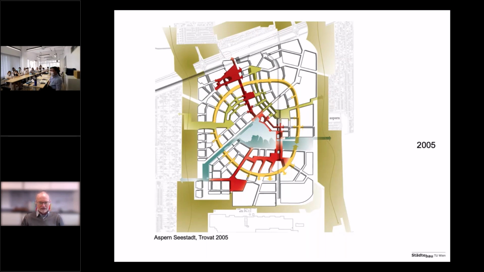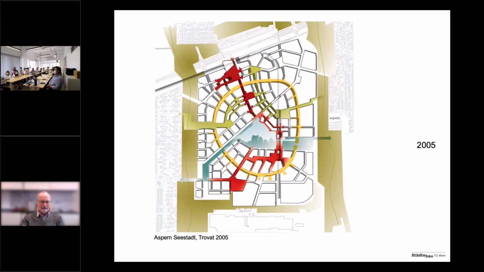So in 2005 there was another competition with very different frame settings, because the city decided that they will build the subway line into this development area before they even start building the first residential units there.